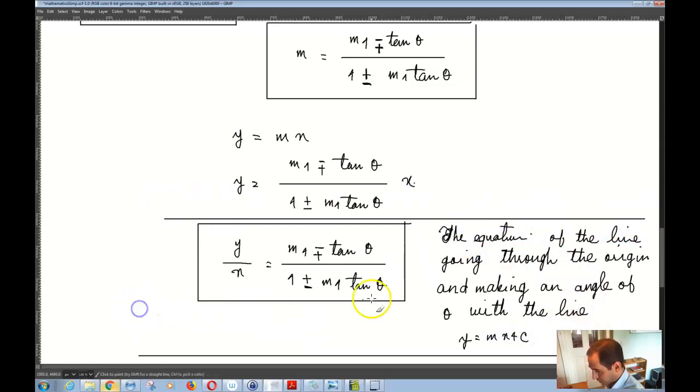That is basically that. Okay, so that was question number 13.